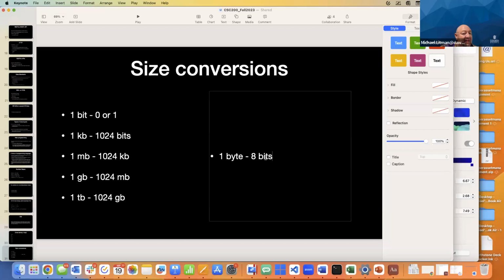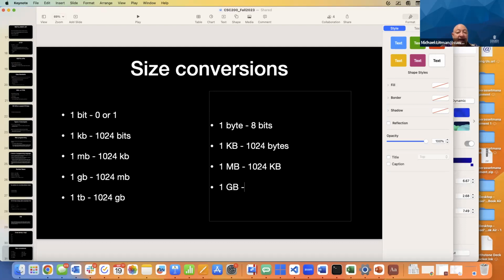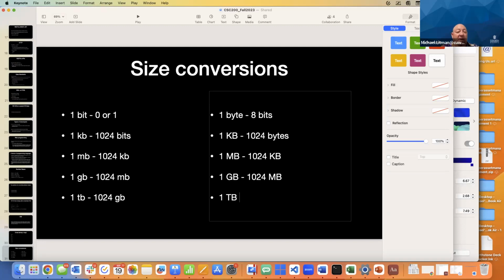So 1 byte is 8 of these guys. Then we have 1 kilobyte is 1,024 bytes. 1 megabyte is 1,024 kilobytes. 1 gigabyte is equal to 1,024 megabytes. 1 terabyte is equal to 1,024 gigabytes.